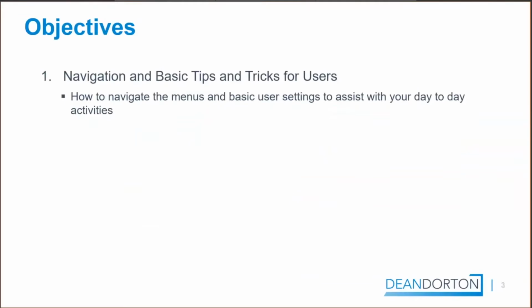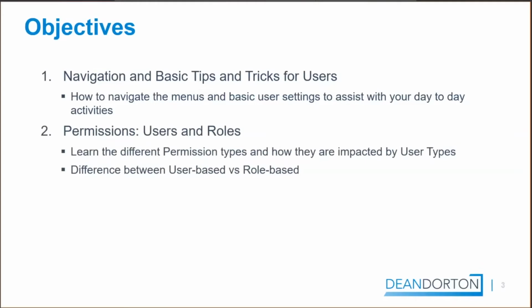And we can just get into it. So to kick it off, we have our main objectives. I just want to give a high-level overview of what we're planning to cover today. Getting into some of the basics, we'll navigate and learn how to use the system and the different modules, applications, and menus. From there, we'll talk a little bit about permissions, the difference between users, roles, and a quick mention on how those are also impacted by the user types.